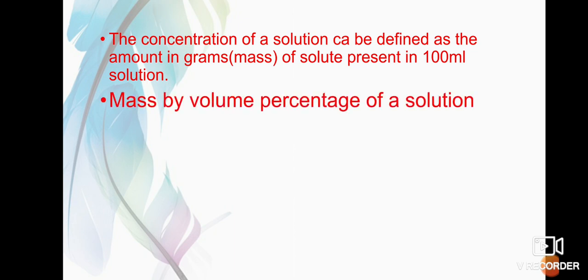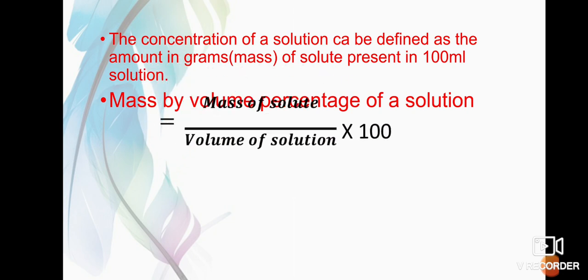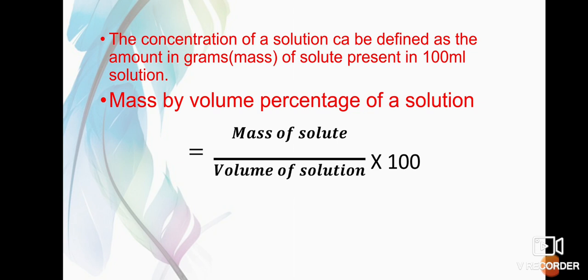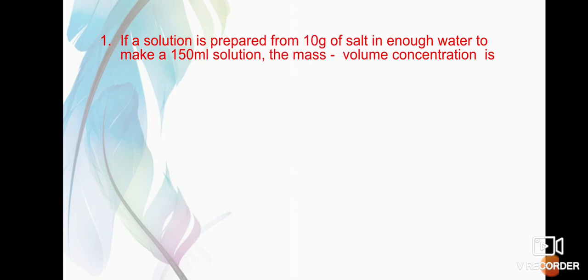So how can we define the mass by volume percentage of a solution? Here is the formula: mass of solute by volume of solution into 100. Okay. See, here a question is there.